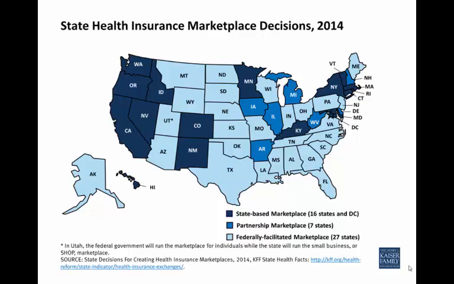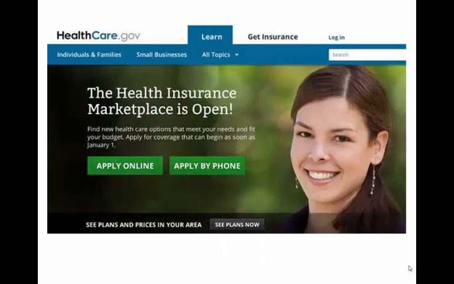On the other hand, the health exchange in Oregon was such a disaster that they just gave up and sent everyone to the National Health Insurance Exchange. That's not shown on this map. And then there's the federal website, which for a long time had this as its welcoming page.